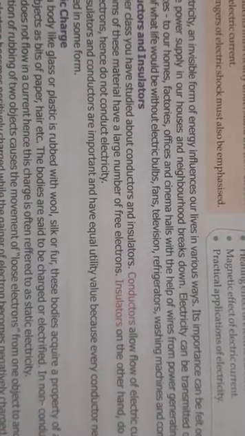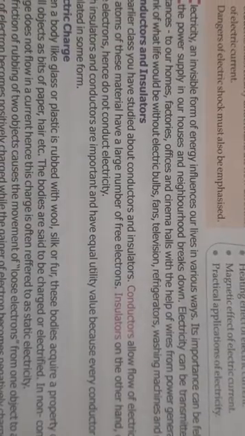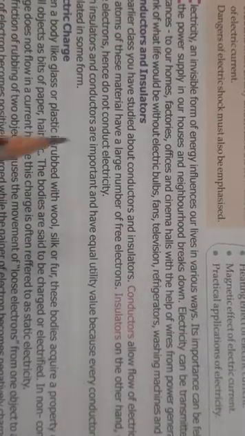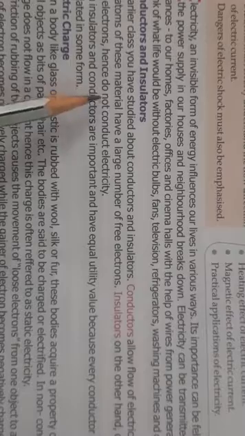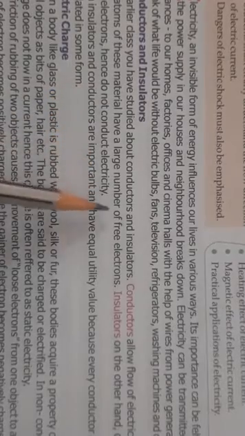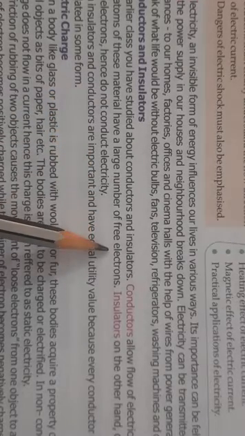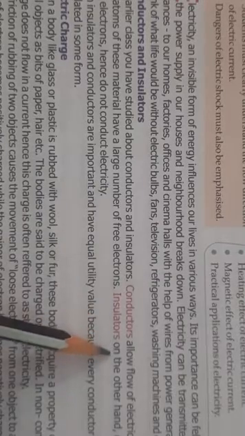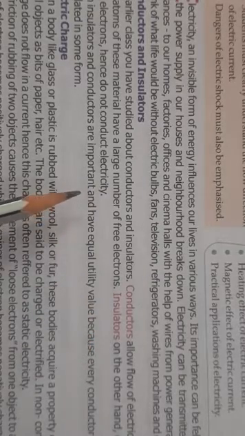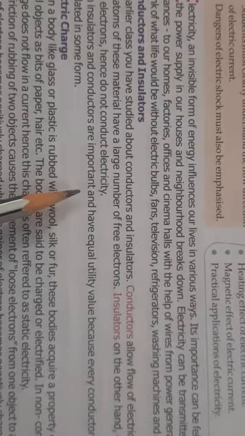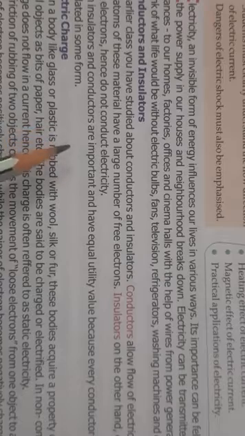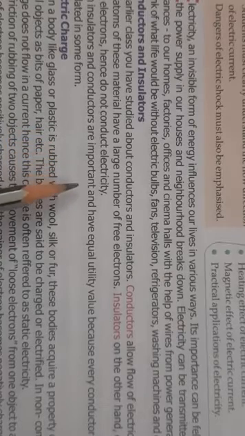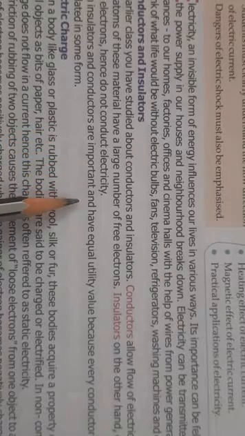Because the atoms of these materials contain a large number of free electrons. Insulators, on the other hand, do not have free electrons. That is why they do not conduct electricity. So both insulators and conductors are very important in our life.